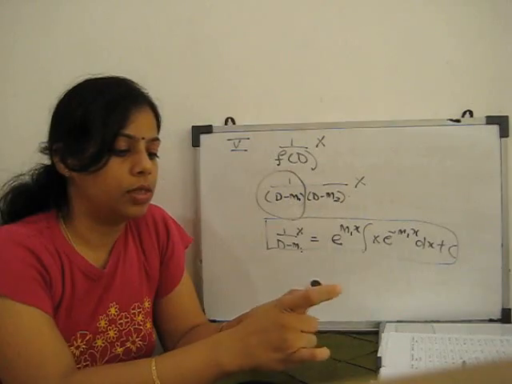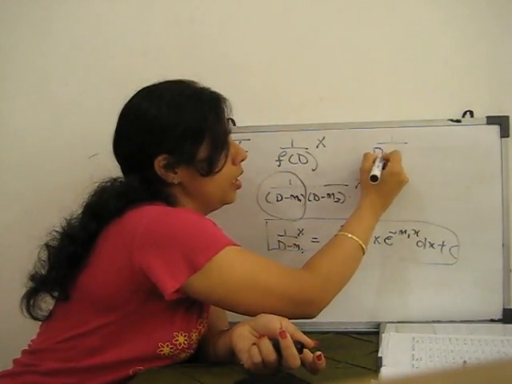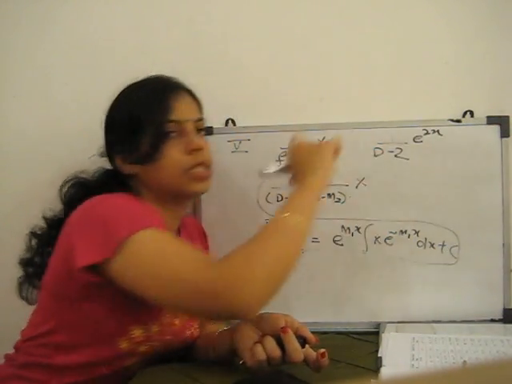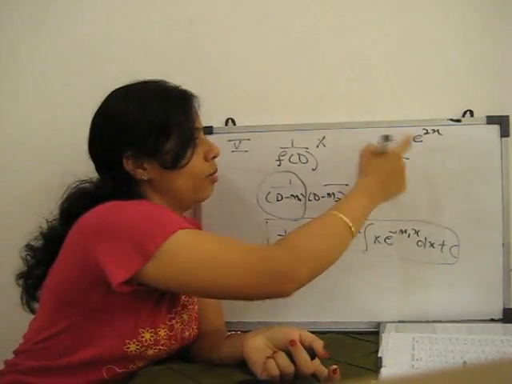Now for example, if we have 1 upon d minus 2 of e to the power 2x. See, when we put d equal to a, d equal to 2, our answer is 2 minus 2, 0.